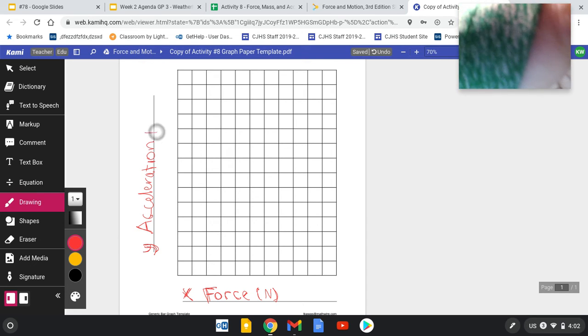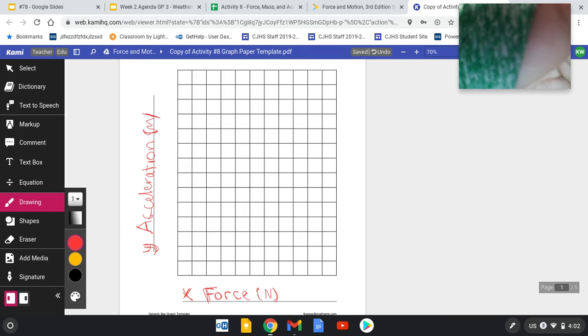And acceleration is measured in meters per second per second. Put that in parentheses.